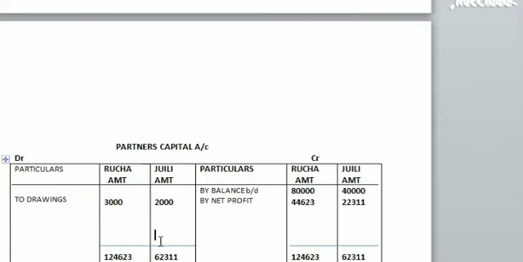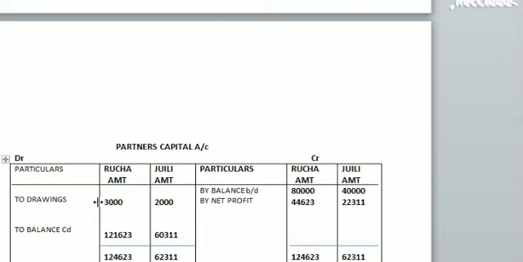Here the difference amount of Julie is 60,311 and of Rucha's is 1,21,623. This is our closing balance, and here we are going to write in front of these balances, To Balance carried down here.